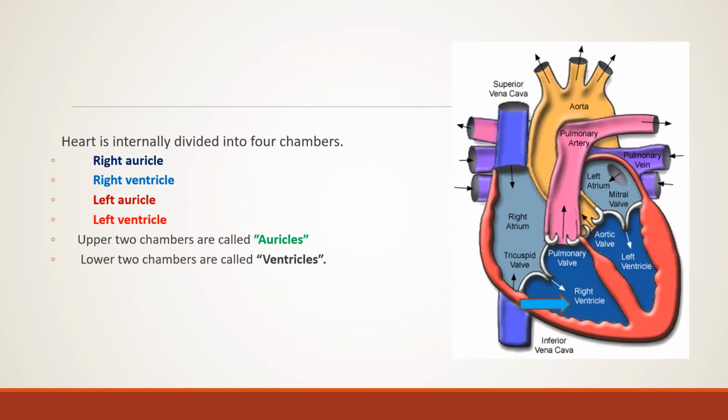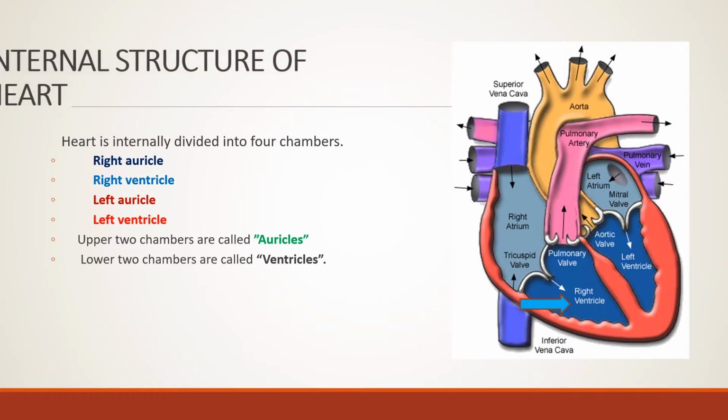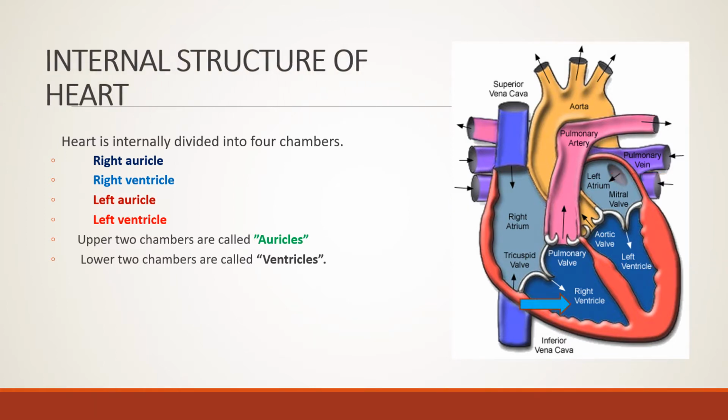Okay children, let us see the internal structure of the heart. How many chambers are there in the heart? Right, four chambers. What are they? Right auricle, right ventricle, left auricle and left ventricle.